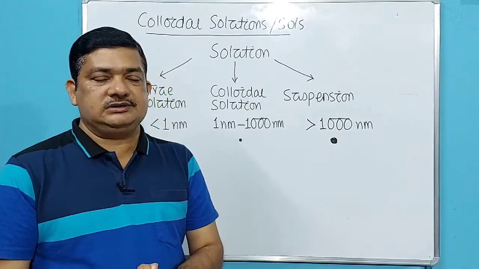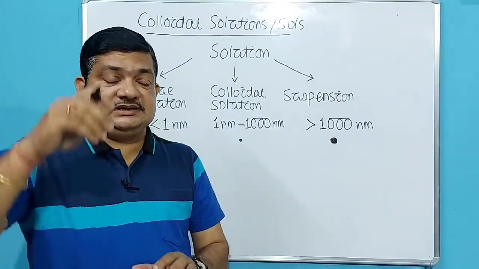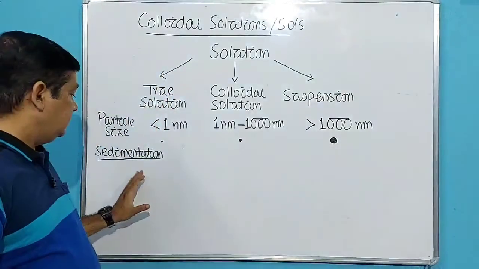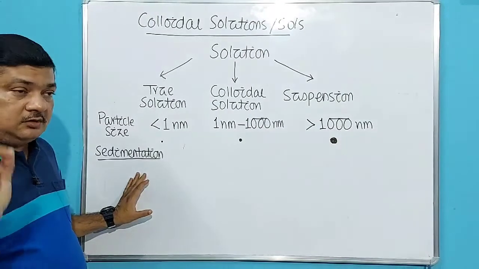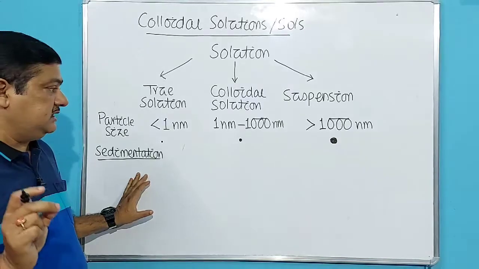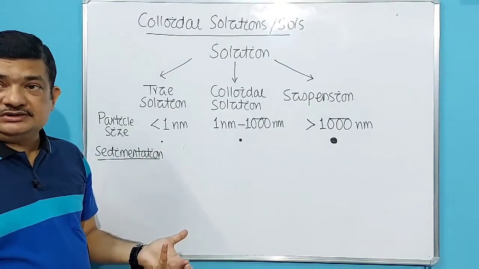The solute particles settle down automatically due to the force of gravity. That is called sedimentation, that is, settling of the solute particles automatically at the bottom due to the force of gravity.